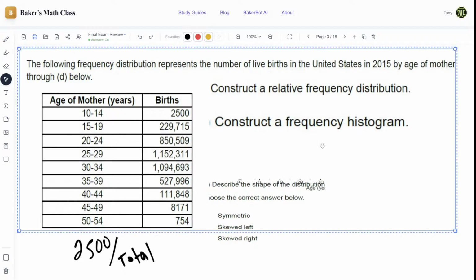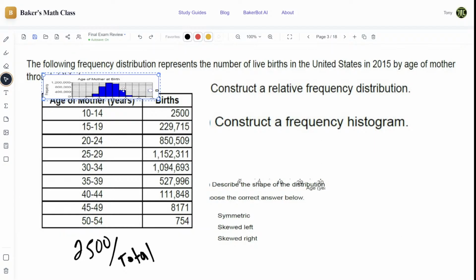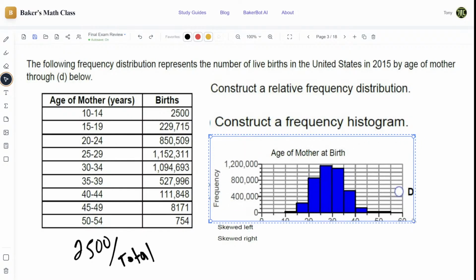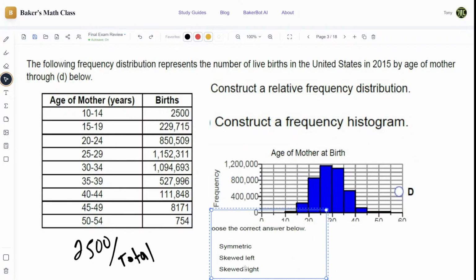So let's say this is the histogram for it. Symmetric, skewed left or skewed right? Symmetric. All right, so you're just going to have to tell me what it is. Questions on this one? Okay.